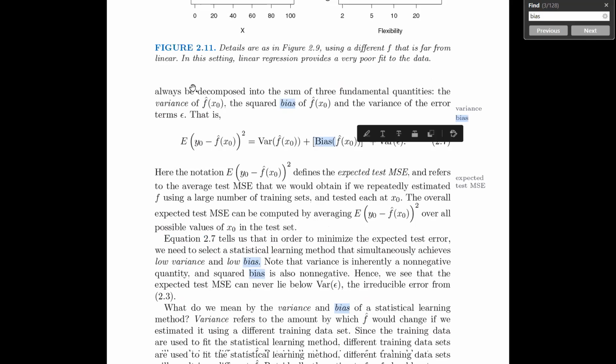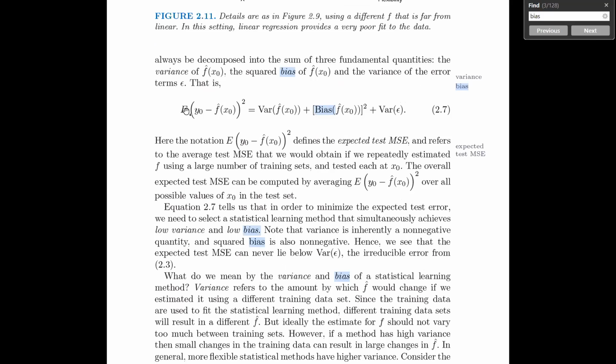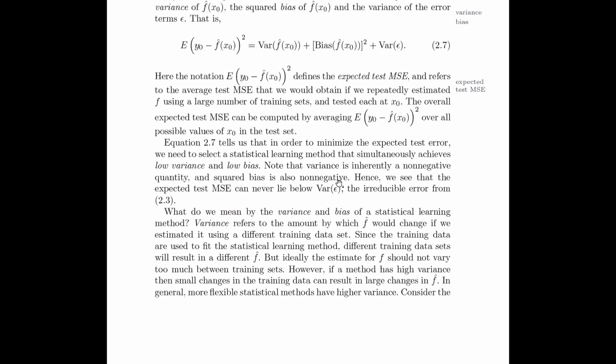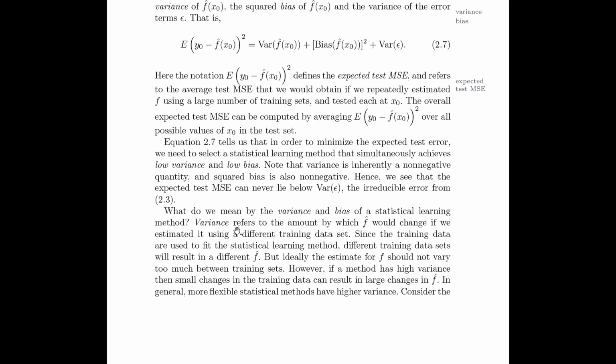Right. So mean square error, or the expected mean square error, your actual less expected all squared, you may decompose it into these three terms. You don't have much control on the variance of epsilon. Can't really do much about the error term, but you would pick a model that tries to minimize the variance of the model and the bias of the model. Now, what do we mean by, here we go.